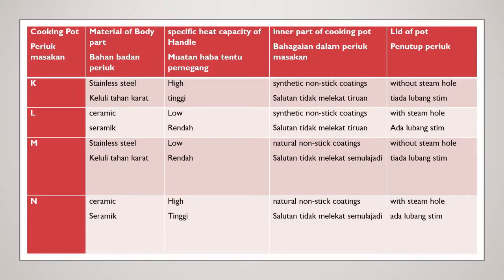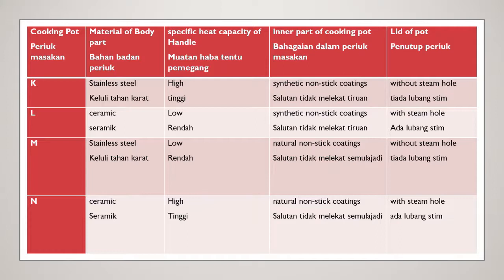Okay, this question asks you to choose the most suitable answer. Okay, this question give you 4 type of cooking pot, K, L, M and N. So you need to choose from these 4 the one that most suitable cooking pot that you can use in your cooking.